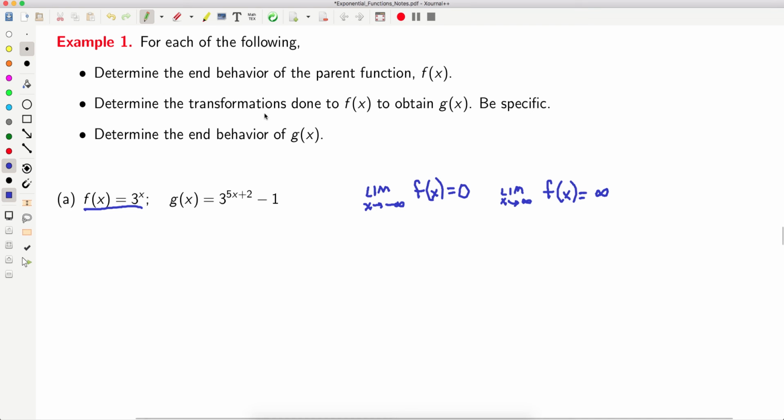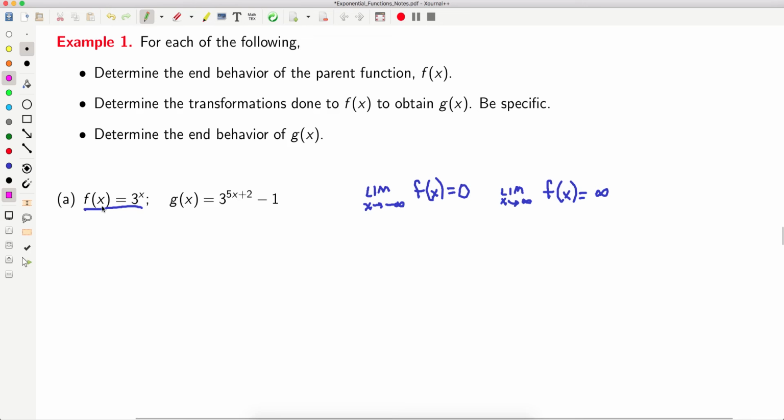All right, now we're going to determine the transformations done to f of x to obtain g of x. So we'll go in the same recommended order. First we'll take a look at any horizontal shifts. For horizontal shifts, that's going to replace the x with x plus or x minus a number, and with exponential functions, that's going to be in our exponent.